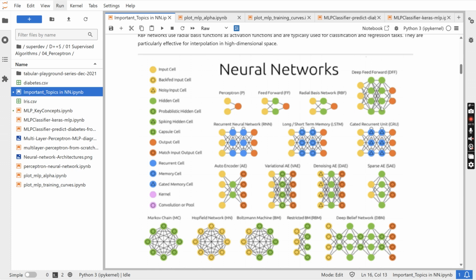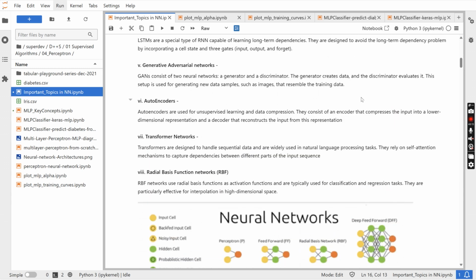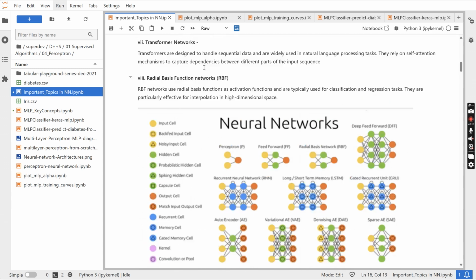Hidden layer 1, hidden layer 2. In each hidden layer there are 4 neurons and they are all interconnected. There is not much difference between feed forward and deep feed forward neural network. It's just that a deep feed forward neural network would have too many hidden layers. This is one type of network.